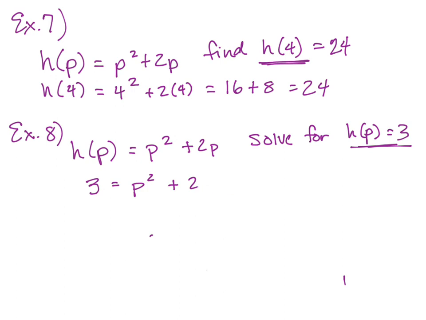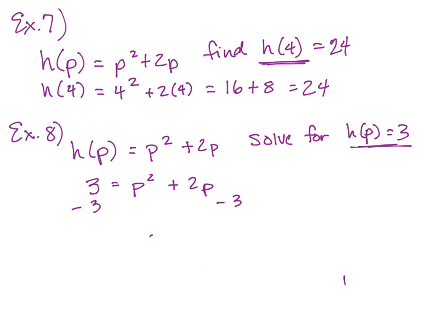Okay. How do we go about solving this particular equation? What kind is it? p squared plus 2p equals 3. It's quadratic. How do you know it's quadratic? p squared. So how do I solve a quadratic equation? You could do factoring. What do we need to do first? Yeah, set it equal to 0.